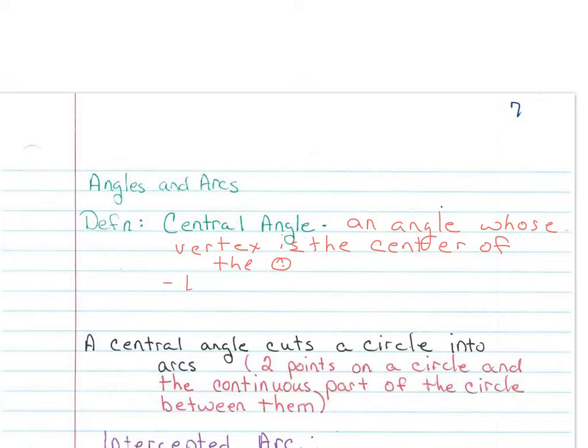The sides of a central angle are the radii of a circle.